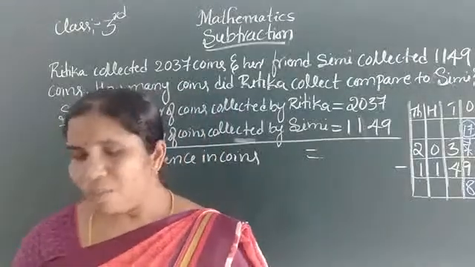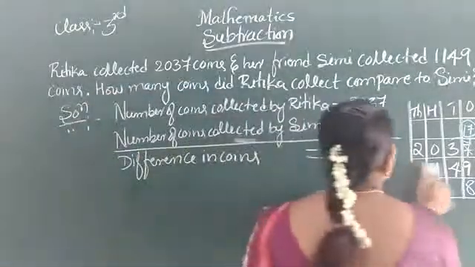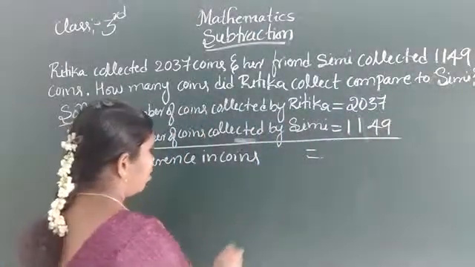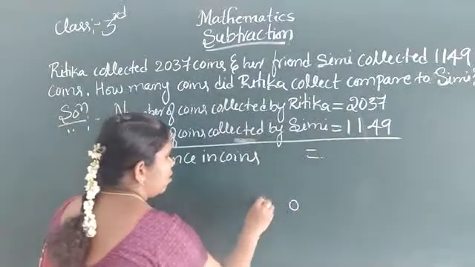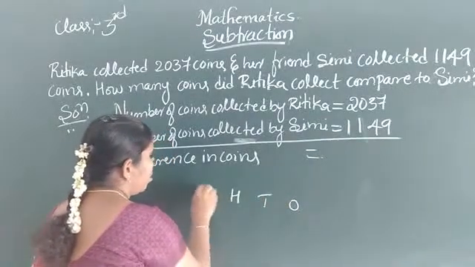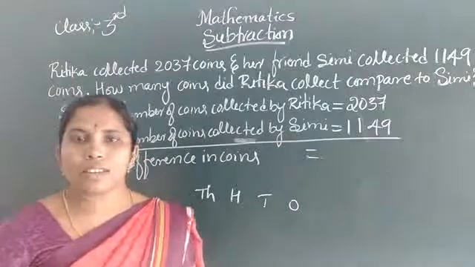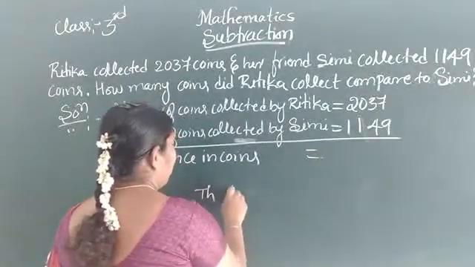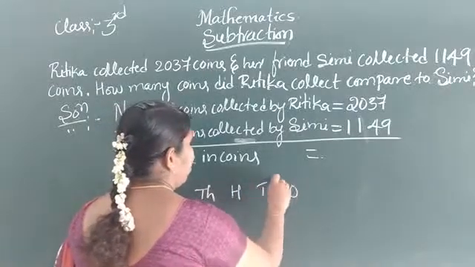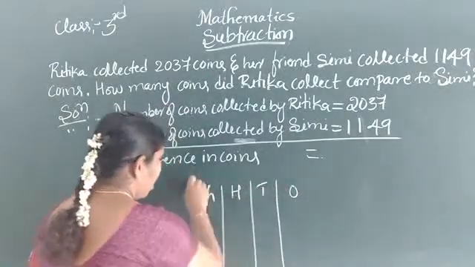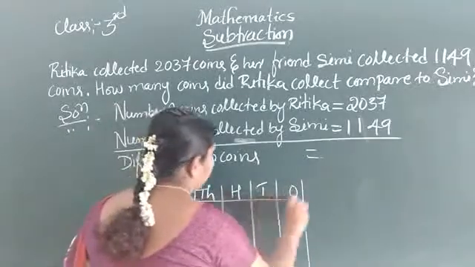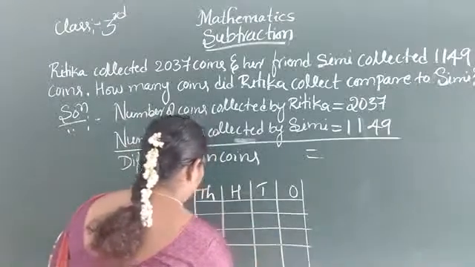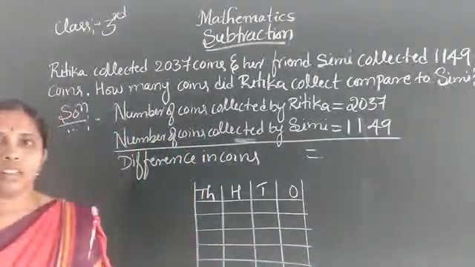If you can't see, I will do it here. Observe carefully. Ones, tens, hundreds, thousands.